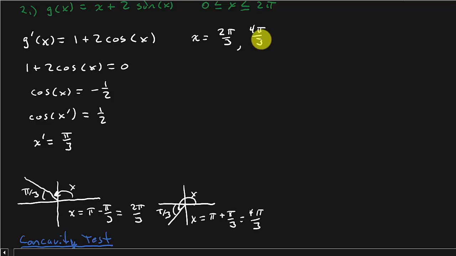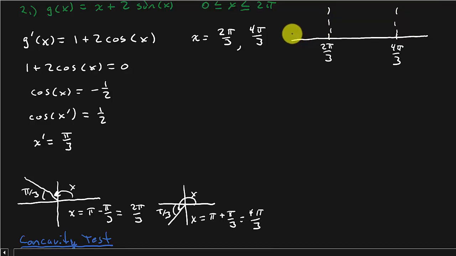All right, so now we need to put this on a number line. So how about we do that right here. So I've got 2 pi over 3, and I've got 4 pi over 3. So that's going to break it up into 3 intervals.